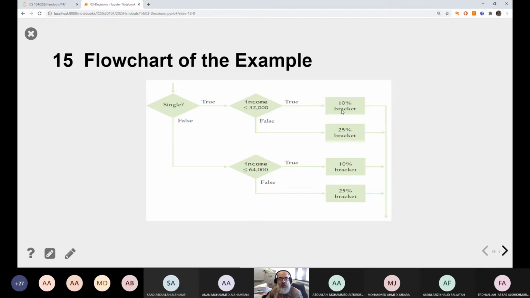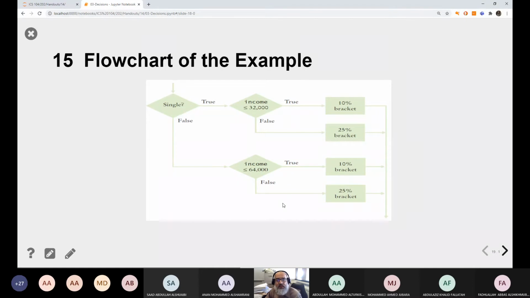So if I were him, I would put something like tax equals 10% multiplied by the income, right? And if it is false, then I will say 32,000 plus 0.25 of the rest, right? This is my opinion. So this is basically the if statement.